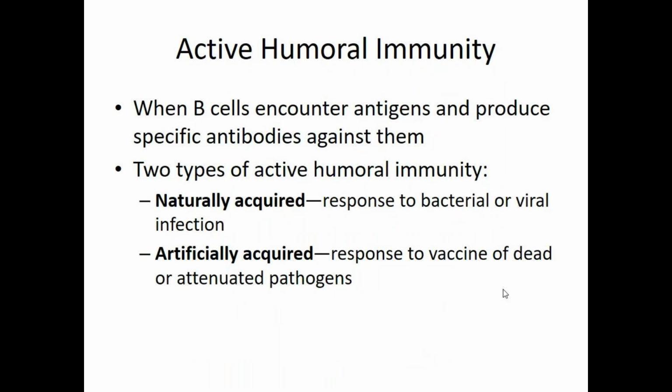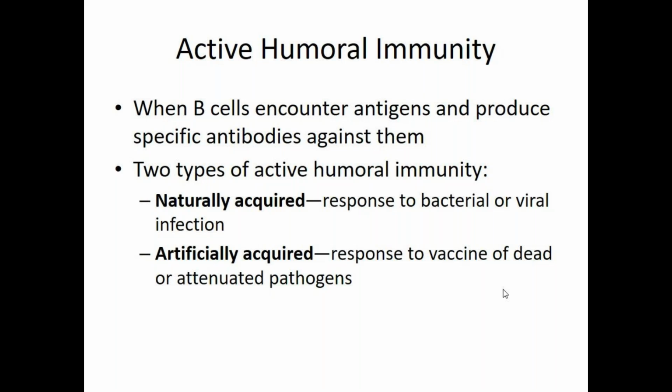So when we talk about humoral immunity, the immunity provided to us by B cells, really what we're talking about here is circulating antibodies. The primary crux, I guess, of humoral immunity.